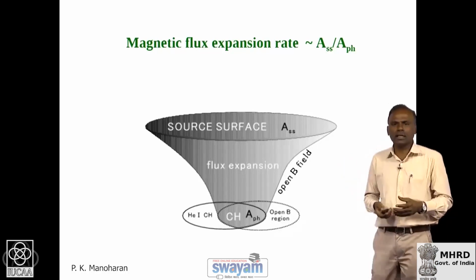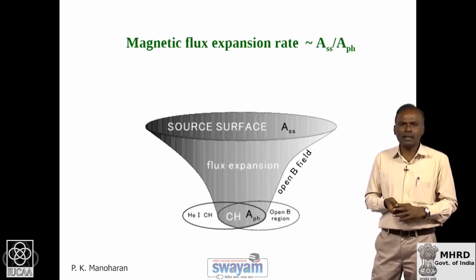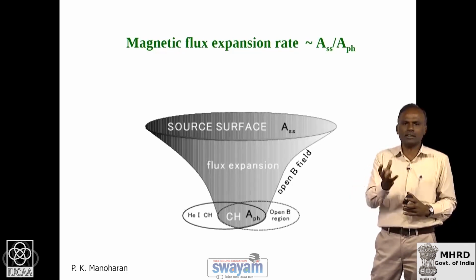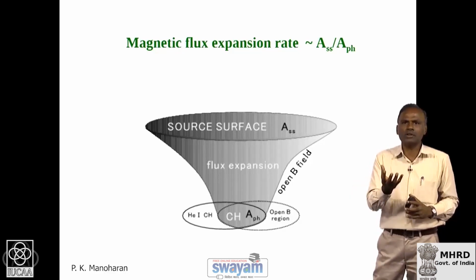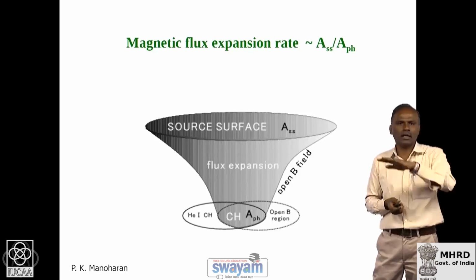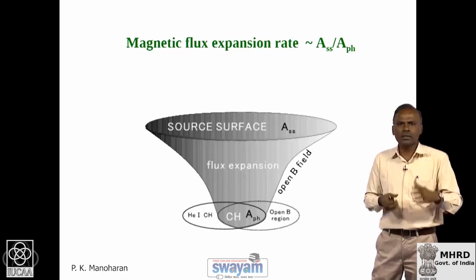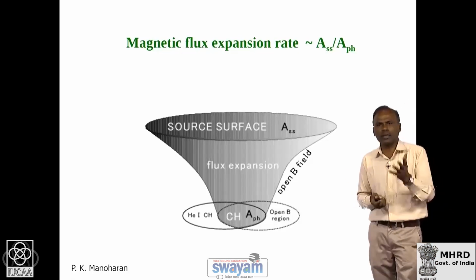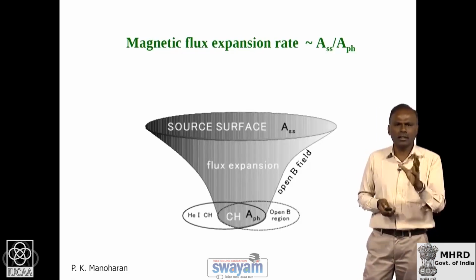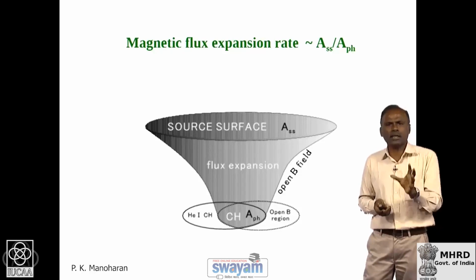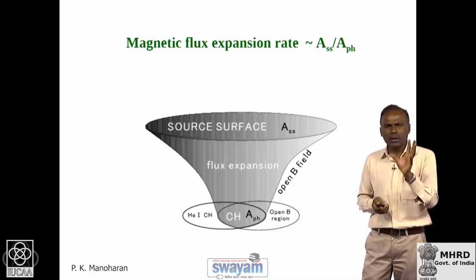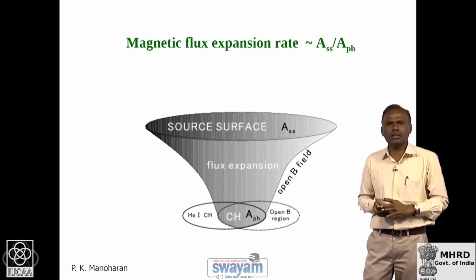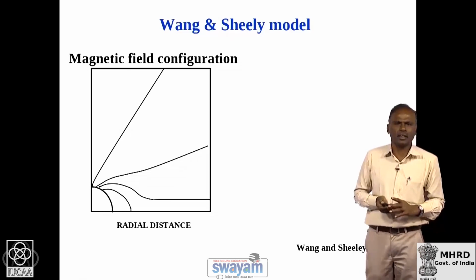The expansion factor is the area on the photosphere to the area on the source surface. So, A_S divided by A_photosphere gives the typical expansion factor. Does this expansion factor of the magnetic field play a crucial role in the acceleration of the solar wind? Let us see how the expansion factor is varying.